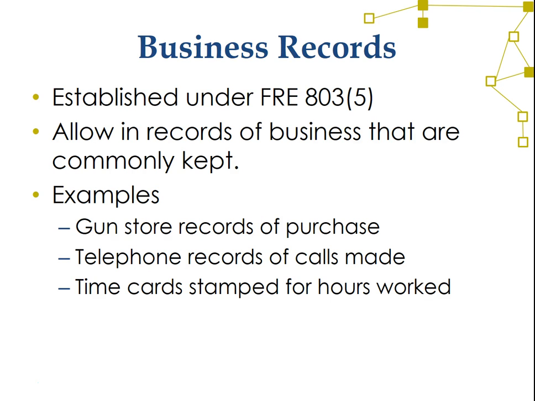The term business includes every kind of business, governmental activity, profession, or occupation and calling, whether conducted for profit or not. So, examples could be gun store records of purchase, telephone records of calls, or time cards stamped for hours worked.